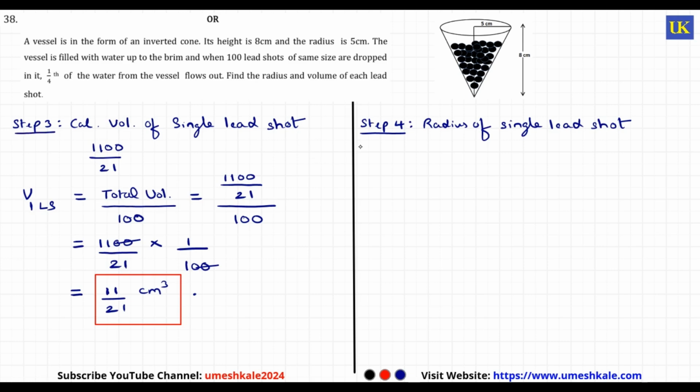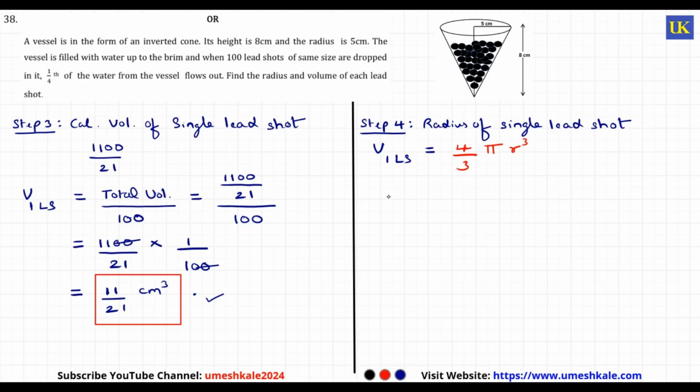Now, we know the volume of one single lead shot. So we'll take the formula of volume. So volume of one lead shot, we'll take the volume formula, which is 4 by 3 pi r cube. Okay, volume of sphere formula.